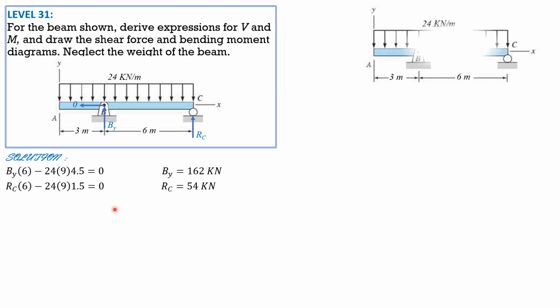Then let's have the diagram ready for the shear and moment diagram construction. Let's put By, which is equal to 162 kilonewtons, and R sub C, 54 kilonewtons. Let's take this section AB at distance x. Take note that shear is downward positive, and moment is counterclockwise. So shear in this section is negative 24 times x.